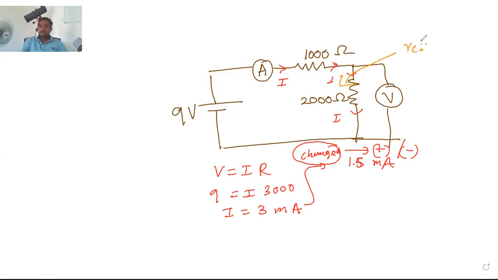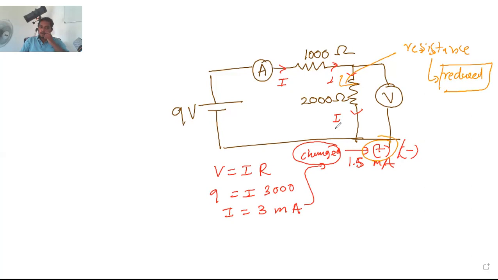If resistors are parallel, resistance is reduced. So resistance reduced means current increase. Therefore, it's a plus change.